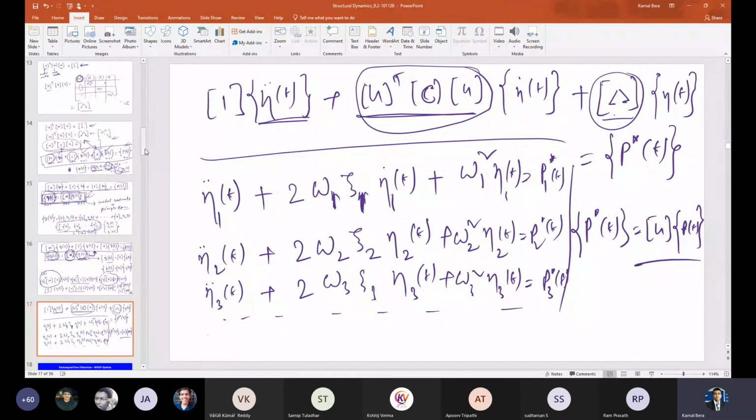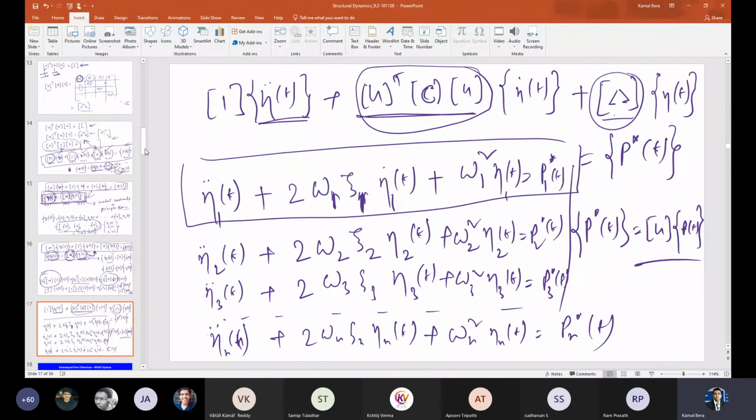So on and so forth. Nth equation: eta n double dot t plus 2 omega n zeta n eta n dot t plus omega n square eta n t equals pn star t. These are all individual equations, right?